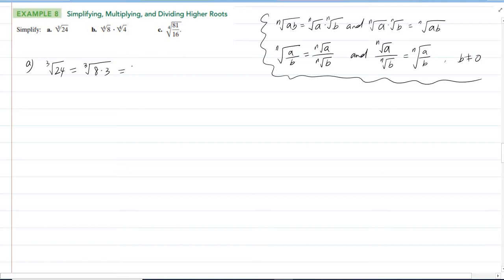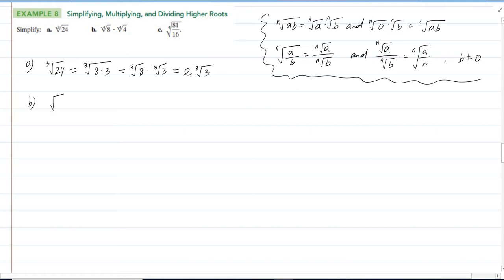Then I'm going to split this as cubic root of 8 multiplied by cubic root of 3. We know the cubic root of 8 will give you 2, and then we're going to have 2 cubic root of 3, or you can say it's the third root of 3.